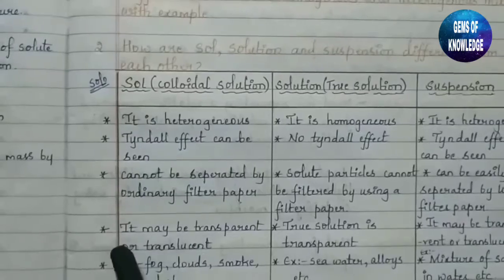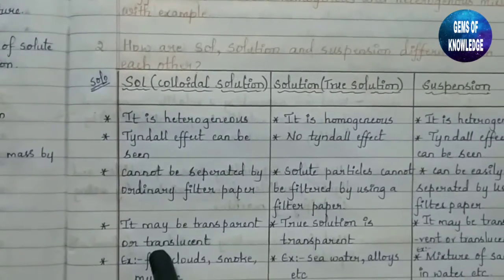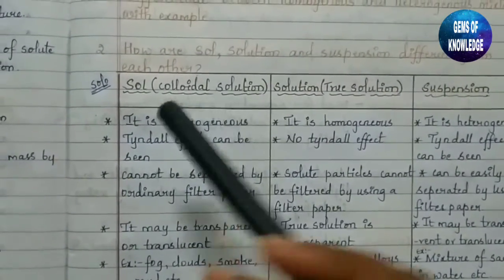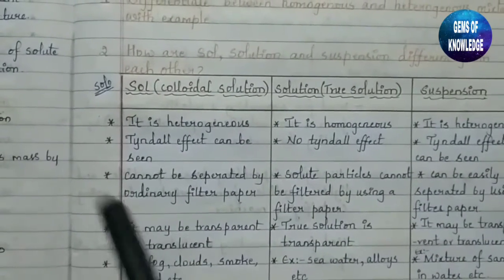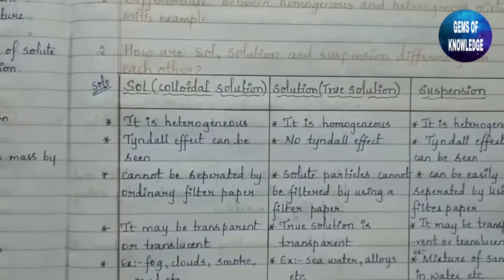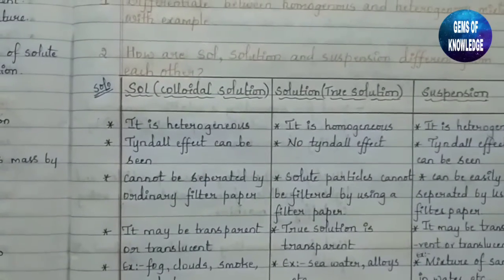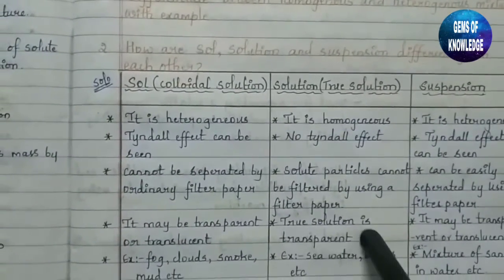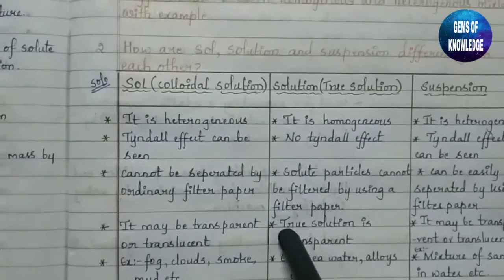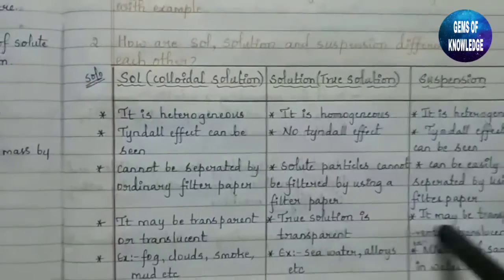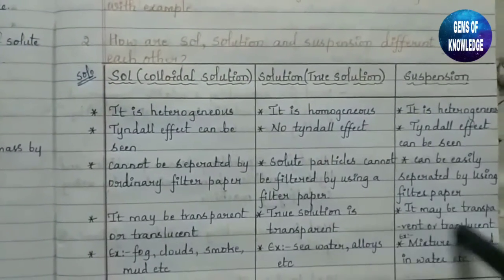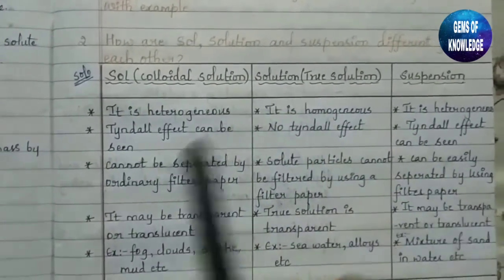Then, it may be transparent or translucent. So the colloidal solution can be transparent or it can be translucent. Translucent in the sense slightly milky form, but we can see through it. Okay. Coming to true solutions, a true solution is transparent, clear, transparent like water. Then the suspension may be transparent or translucent, similarly as in this case.